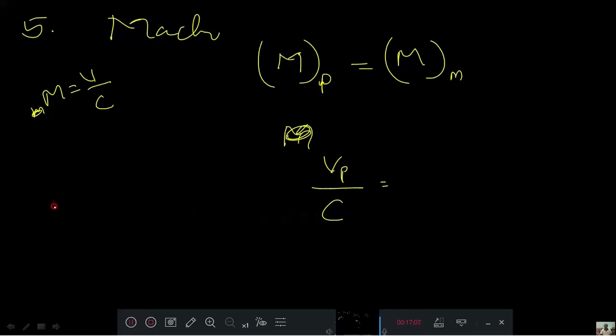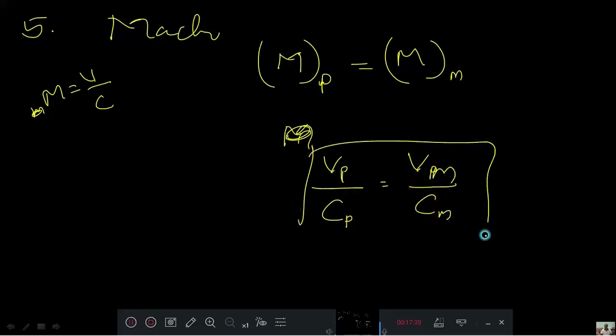The speed of sound may be faster in water and slower in air, faster in some materials like steel and slower in water. So the speed of sound depends on the medium and is not constant. I will consider the velocity and the speed of sound in the prototype, and the velocity and the speed of sound in the model, in this law.